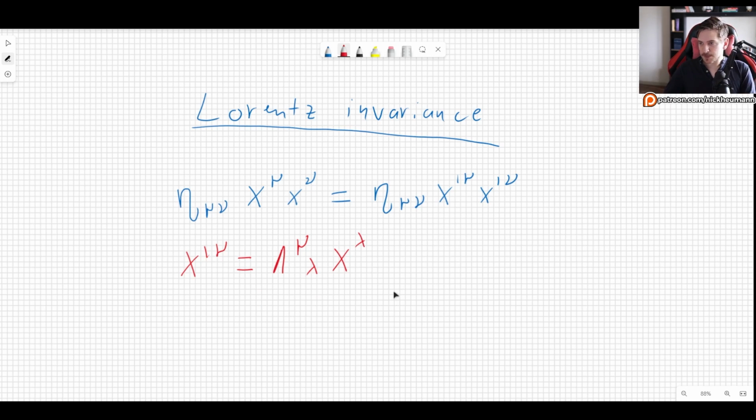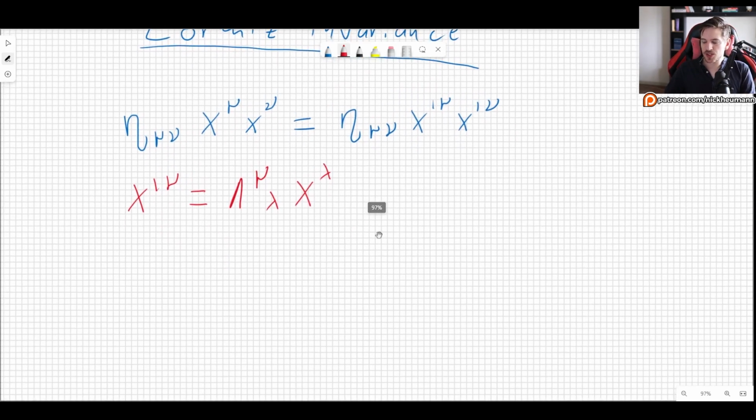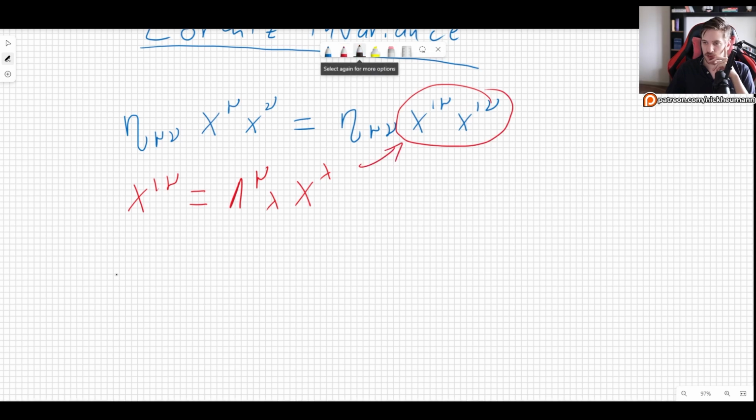Okay, so now what can we do here? We can analyze this a little bit. For example, one of the things that is very interesting here is just to multiply a little bit, just to see some further properties. So what we can do is take this expression and plug this in, right? By doing that, we get eta mu nu x mu x nu.